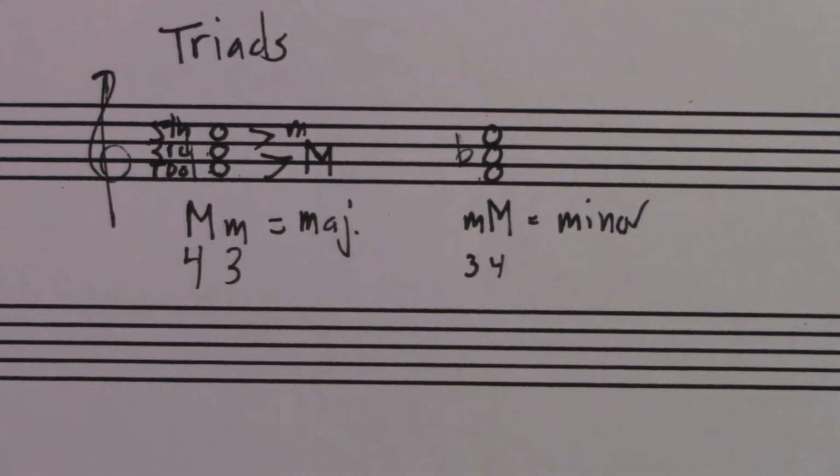Now, back in elementary school, we were taught, major sounds happy and minor sounds sad. But we're in college now, and we understand that sometimes you can have happy songs that use minor chords and sad songs that use major chords and all that. So we're not going to worry about that, but just major, minor.